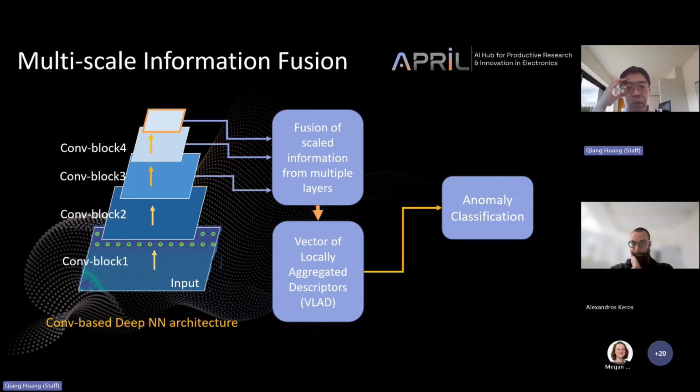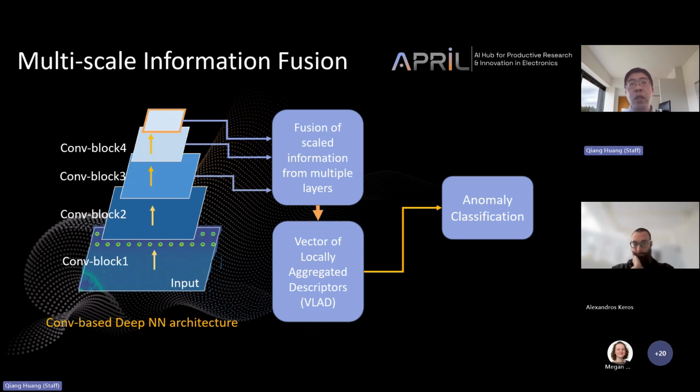The flow chart shows the architecture used in our current project work. The first part, the left part, is the convolutional layer-based deep neural network. You can find there are several layers here, just as an example.